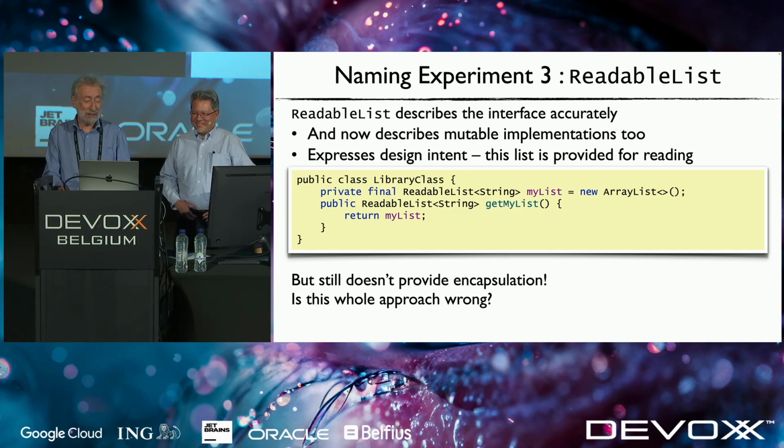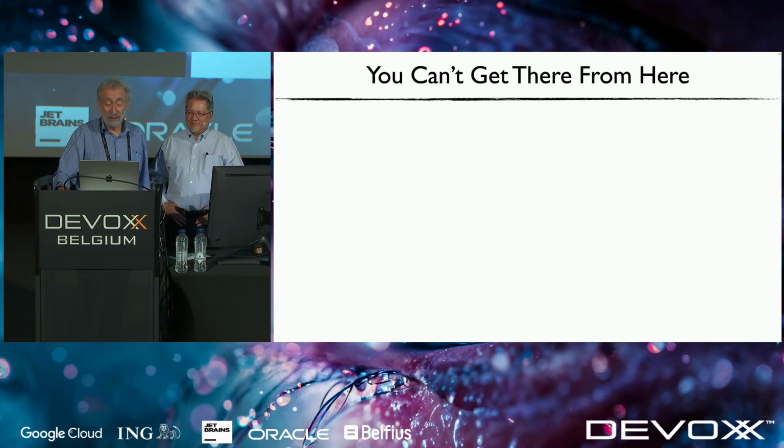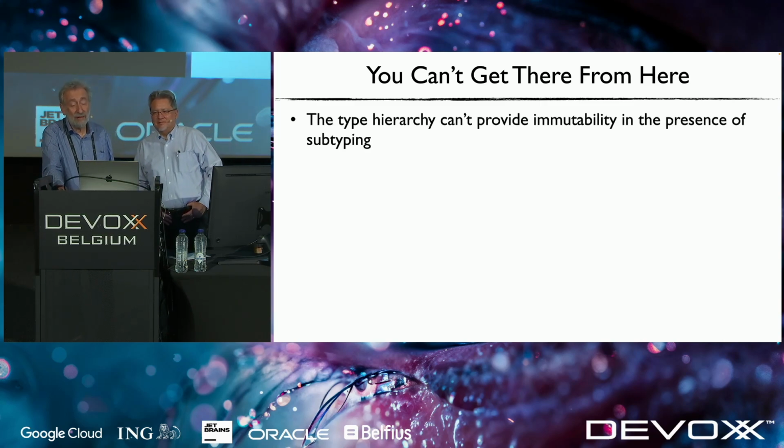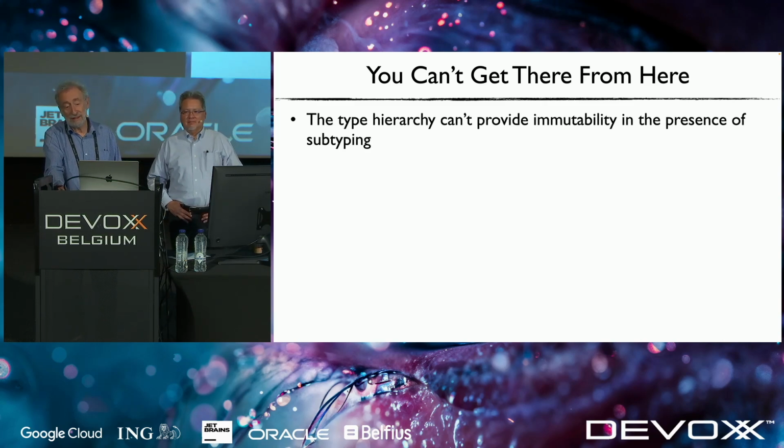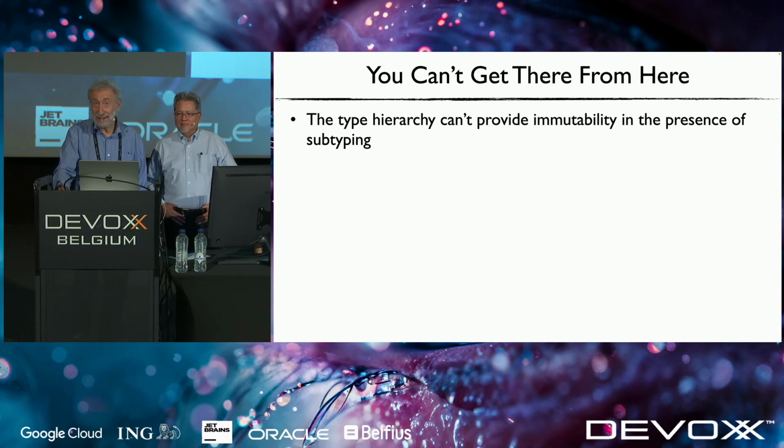So, you ask these questions in order to evoke the answer. Yes, the whole approach is wrong. You can't get there from here. The type hierarchy can't provide immutability, particularly in the presence of subtyping, because of this downcasting thing. We're just starting from the wrong angle.